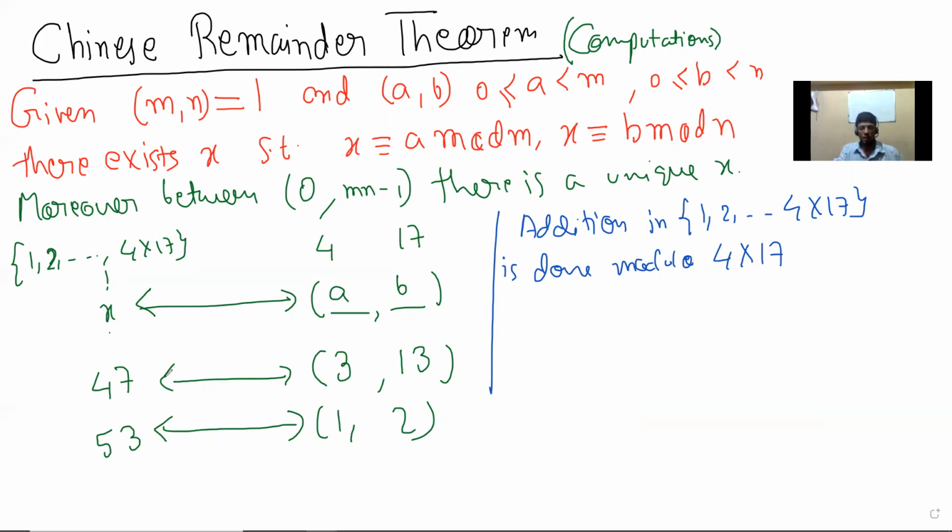We know that 47 is matched to 3, 13, and that 53 is matched to 1, 2. So can anybody tell me what 4, 15 is matched with?